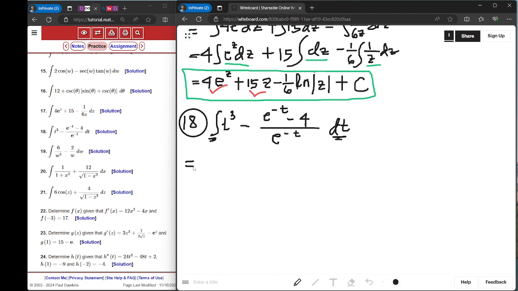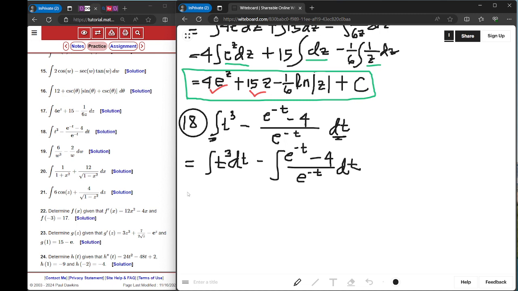So we will integrate them separately. So this will become the integral of t cubed, t to the power of 3, minus the integral of e to the negative t minus 4 over e to the negative t dt.